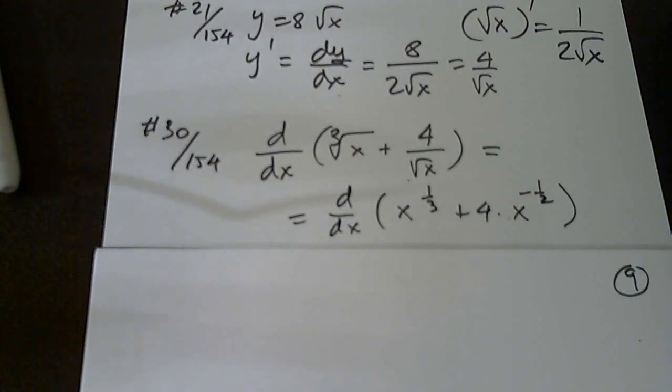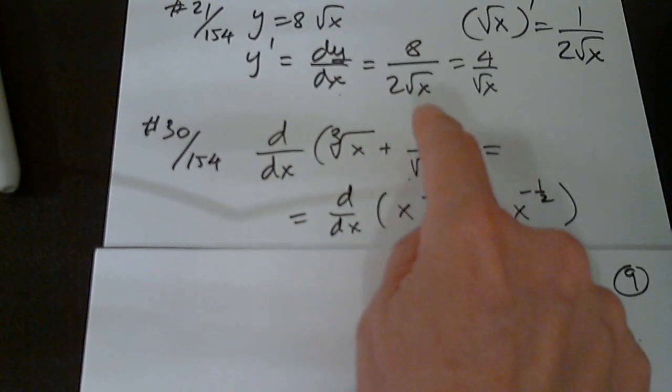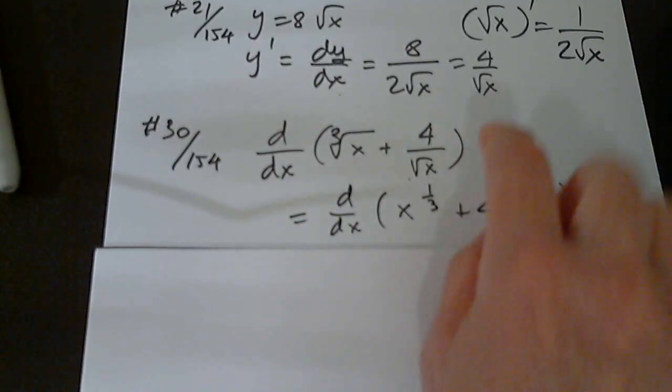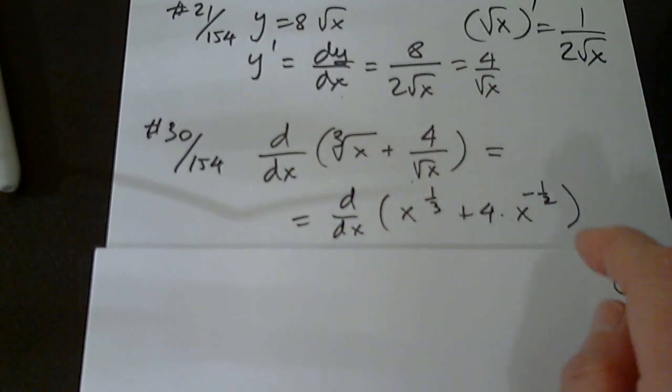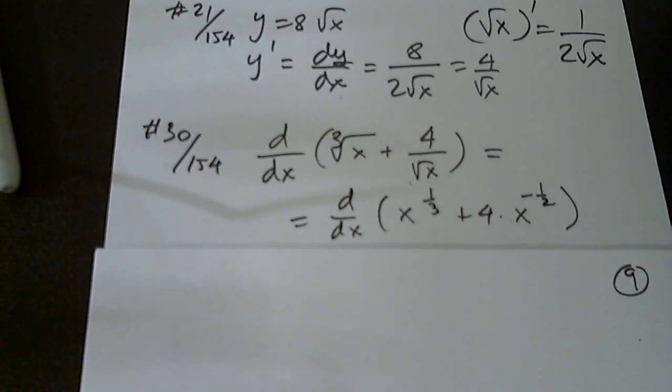I have no choice. I can't differentiate that otherwise. The cube root of x is rewritten as x to 1/3. Then I copy plus and 4, and 1 over the square root of x changes into x to negative 1/2. And now I can differentiate.